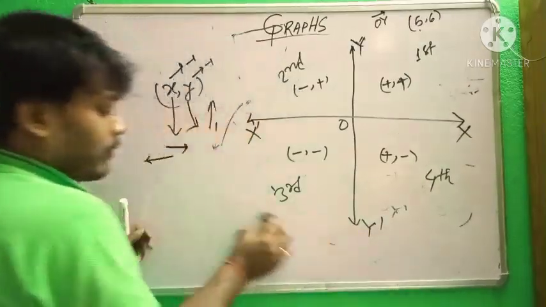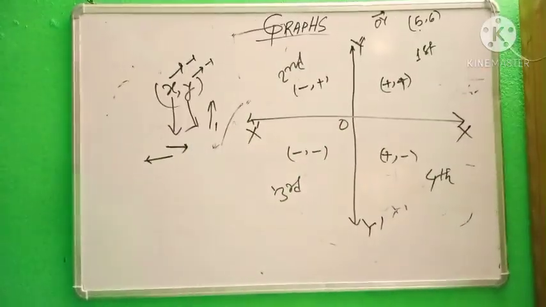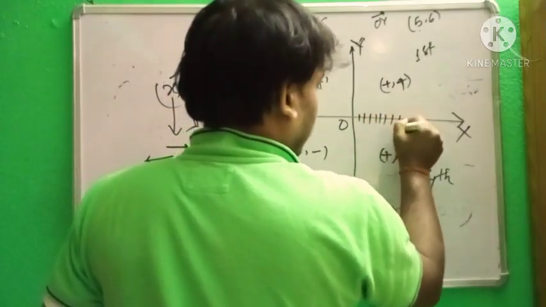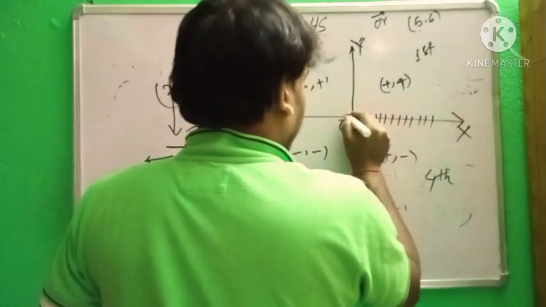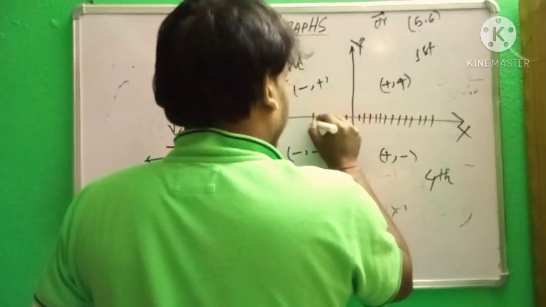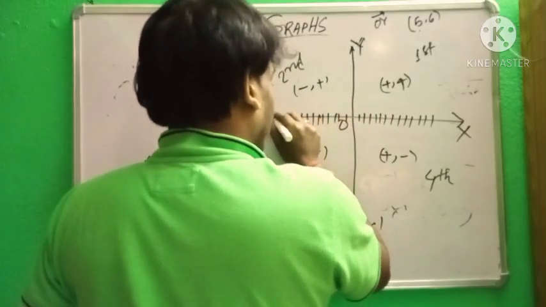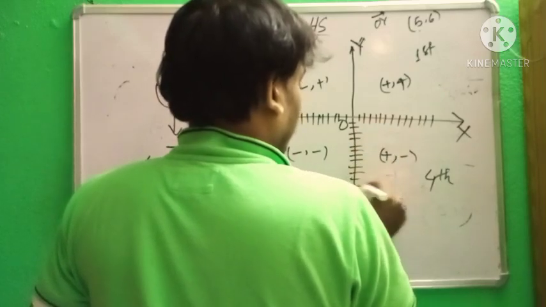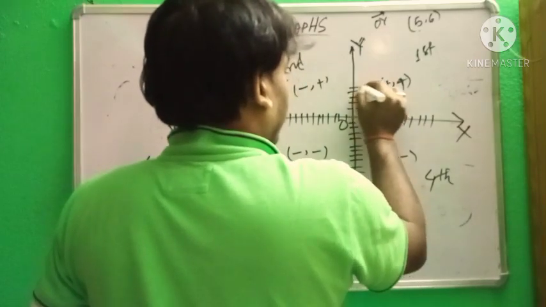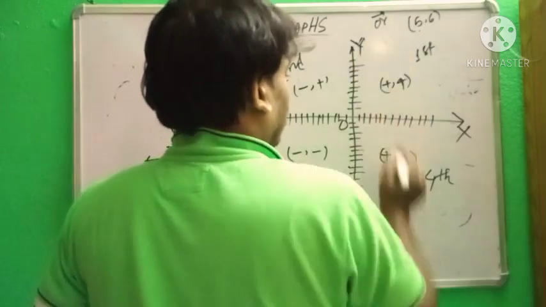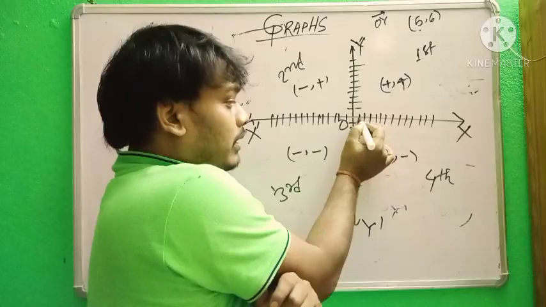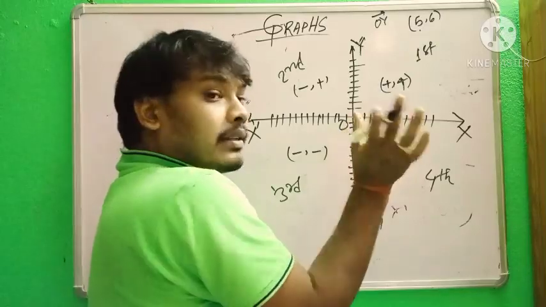Now how do we put points on the graph paper? 1 2 3 4 5 6 7 8 9 10 11 12. Okay. And one thing, the distance between any gap is equal.